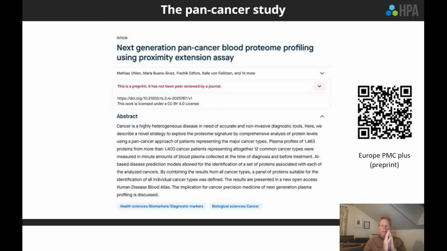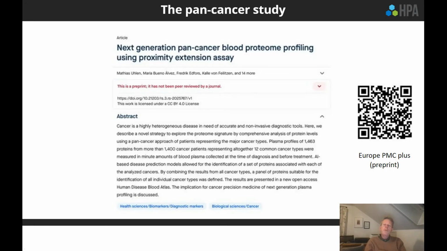And we can see that in at least some of these cases. But of course, when you're doing this pan-cancer, you're including 12 cancers, you can't have too many patients analyzed. So that's why we are now following up this study with another 10,000 patients in order to validate the results and see that what we found.